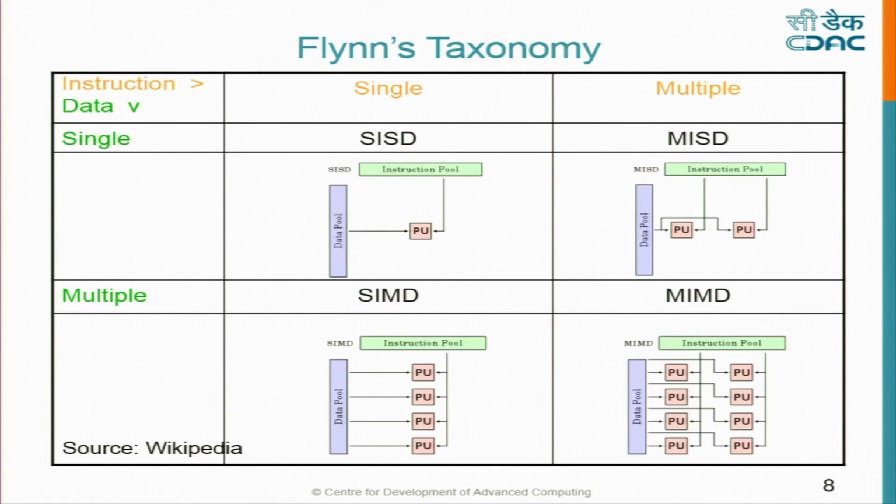Here you see that there is only one data path and only one processor. So a single data stream is operated upon by a single stream of instructions, or the data is the same, but there are multiple processing units. I will explain each one of them in the subsequent slide.